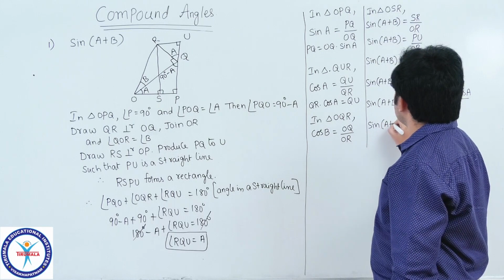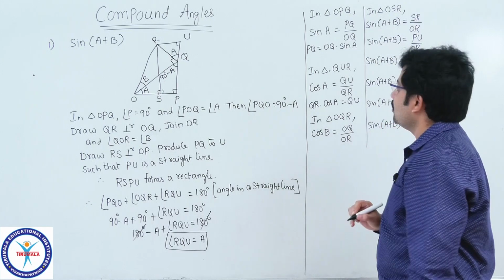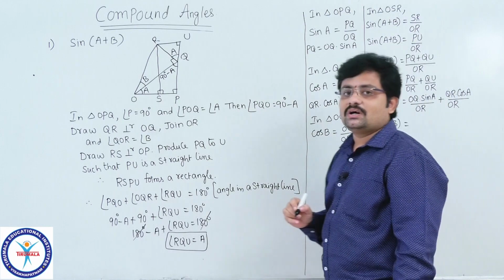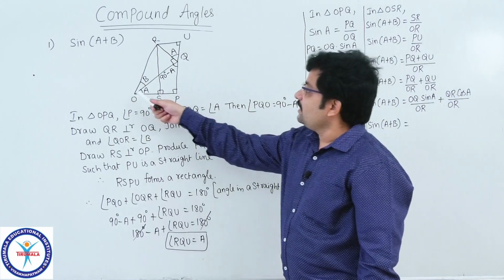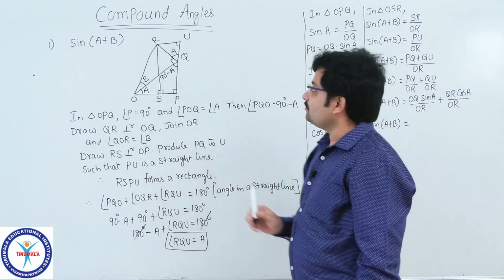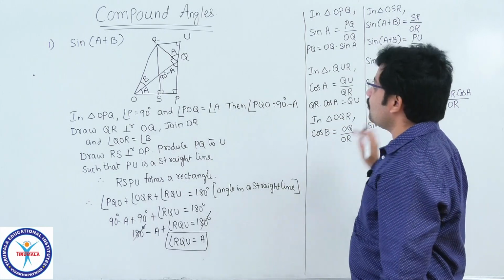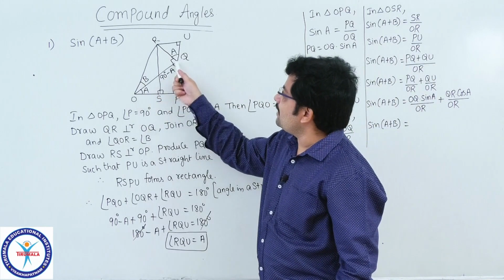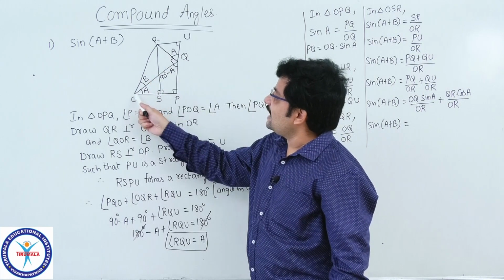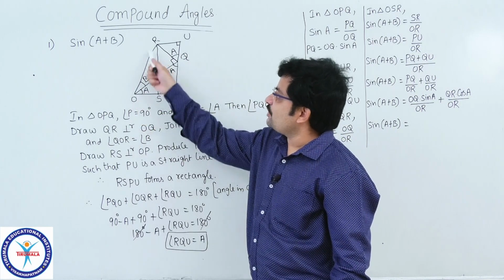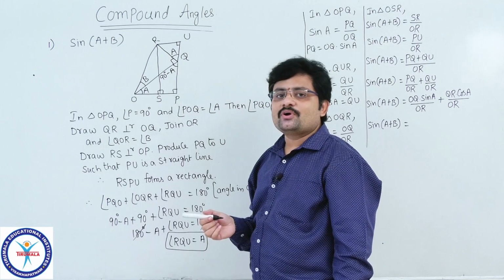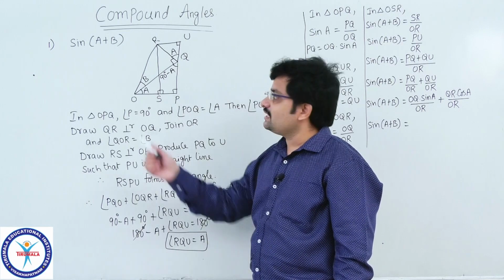Therefore, observe the triangle OQR here. In triangle OQR, what is OQ by OR? OQ by OR is adjacent side by hypotenuse, which is nothing but cos theta, that is cos B.